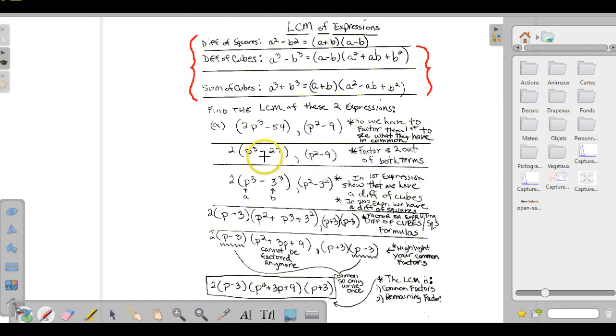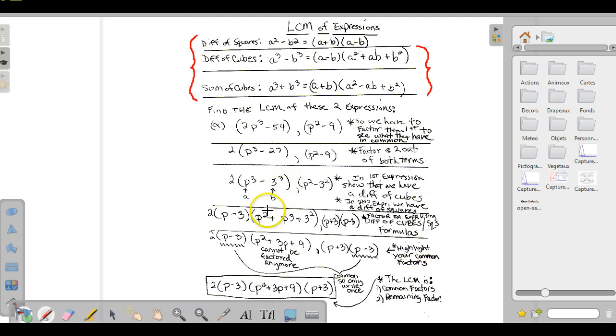But now it looks like this might be a perfect cube. So let's show it as a perfect cube in the next step. The p cubed stays the same, and 27 can be rewritten as 3 cubed.